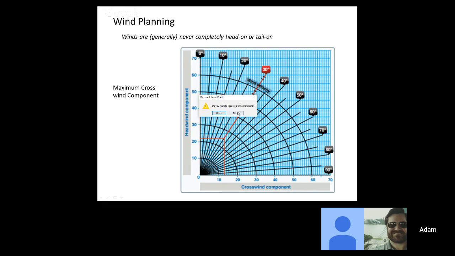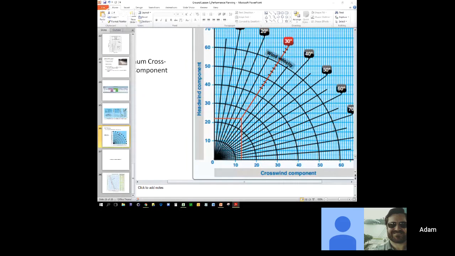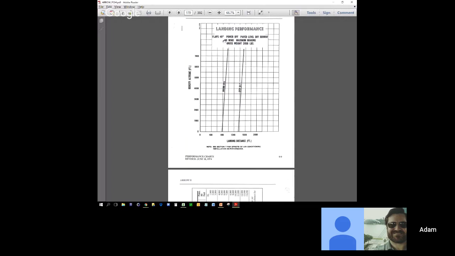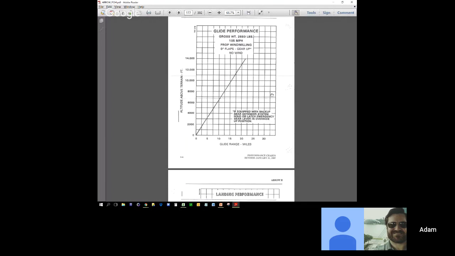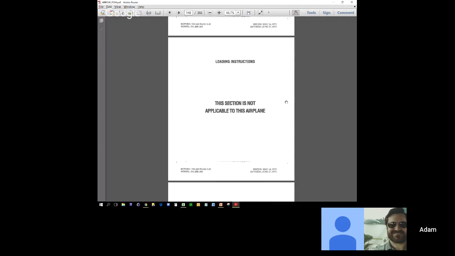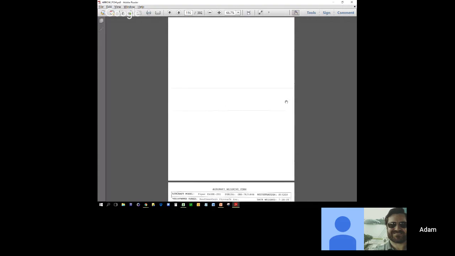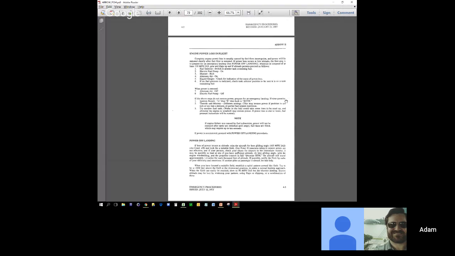With that said, let me pull up the aircraft operating handbook, and let's see if I can find the wind limits in this 300-page monstrosity.